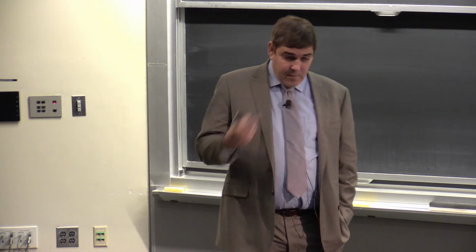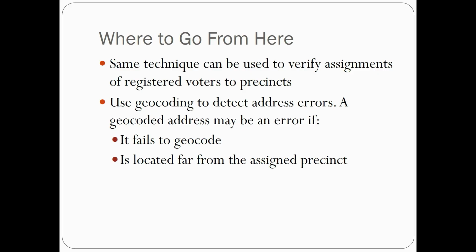One last thing: where do we go from here? First of all, I think we can use this same approach to verify that people are assigned to precincts correctly. We're only doing districts right now. I also believe we can identify address errors in your voter registration files. If somebody is supposed to be located in a given precinct but is geocoded way out somewhere else, it's likely that you've flipped two digits in a street address during data entry.